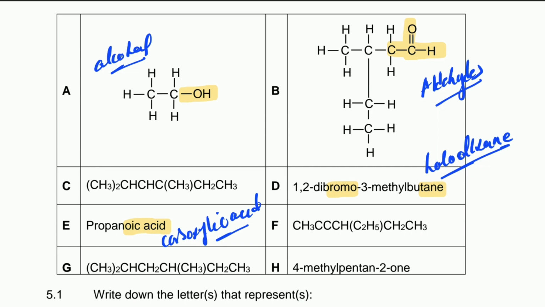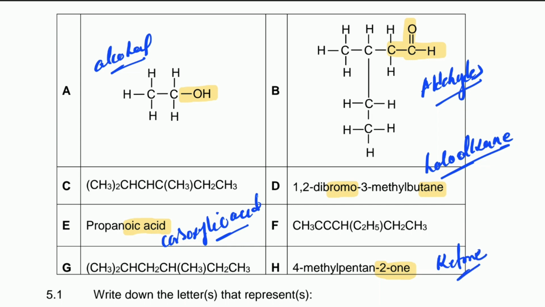Compound F we'll come back to, compound G we'll come back to, and compound H is an one and therefore finishes like that, and is a ketone. I recommend you do this one.